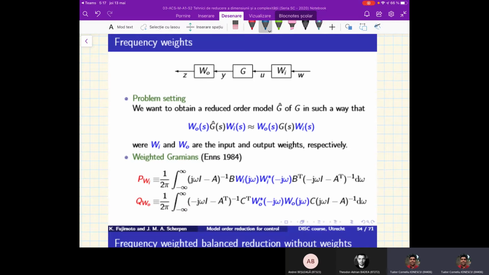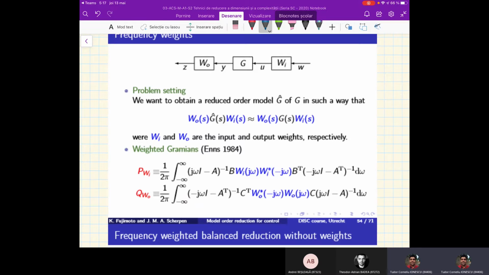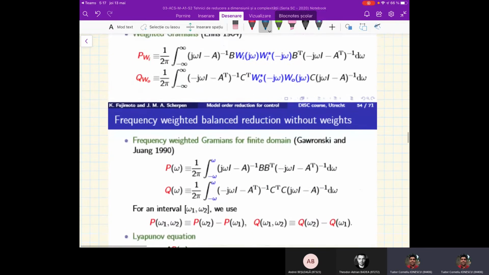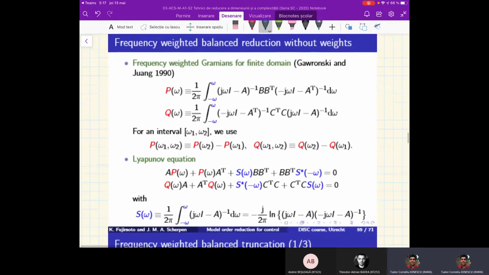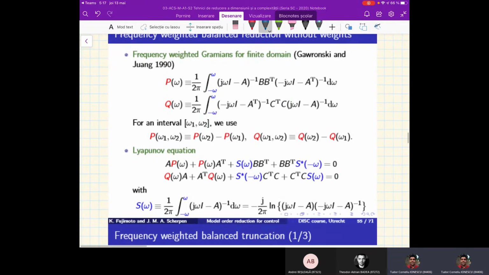Then we have frequency weighting, where you add weights to the input and the output of the system, input weights and output weights, giving the input weighted Gramian and output weighted Gramian. You can have this for a finite domain.